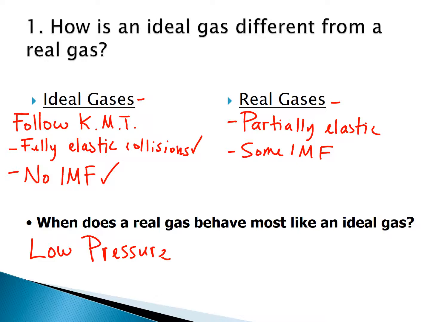The faster they're moving, the smaller the amount of time they'll be in contact with each other, and so the less the influence of their intermolecular forces will be. So we would like to do this at high temperature. This is something the state wants you to know: a real gas behaves like an ideal gas at low pressure and high temperature.